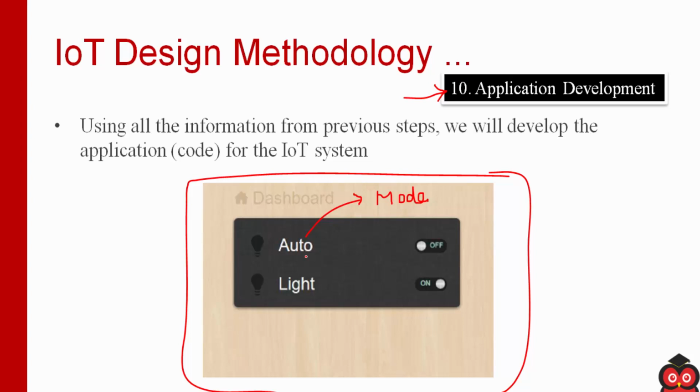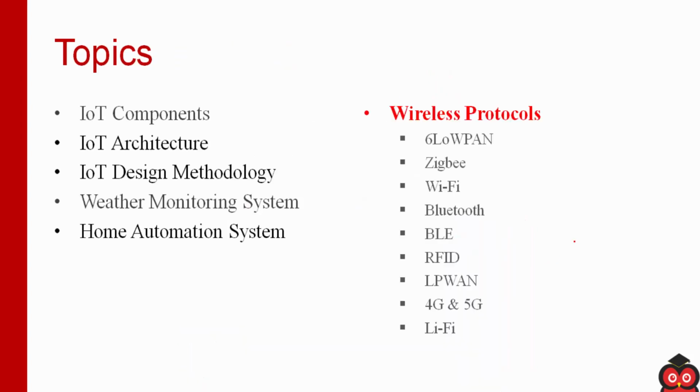So on means auto mode, off means manual mode, and this is state of the light bulb. Okay, so right now it is turned on, that means the light bulb is on. If you switch off, it will switch off. That is the thing, right?